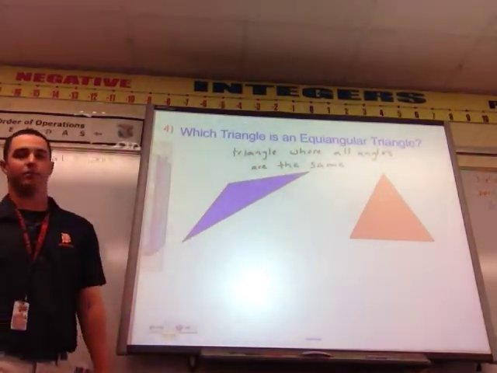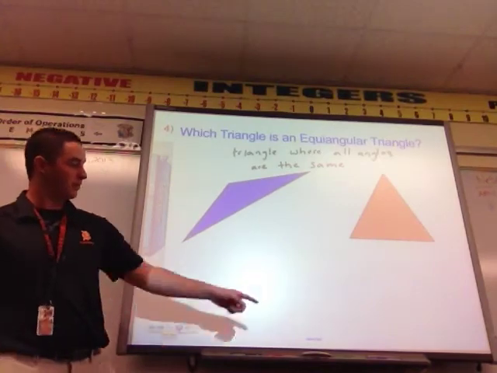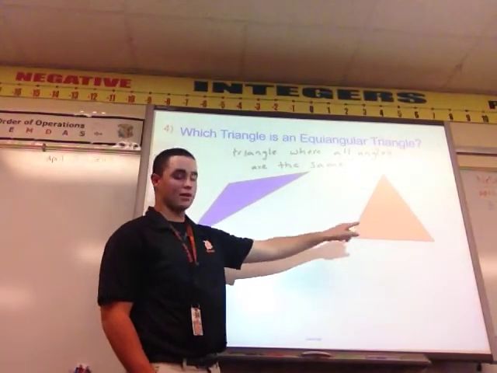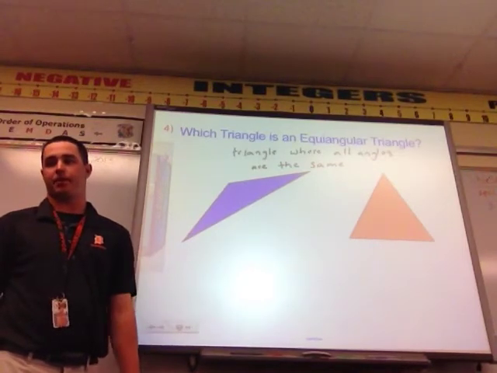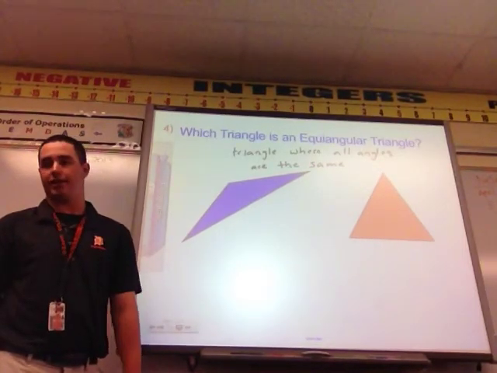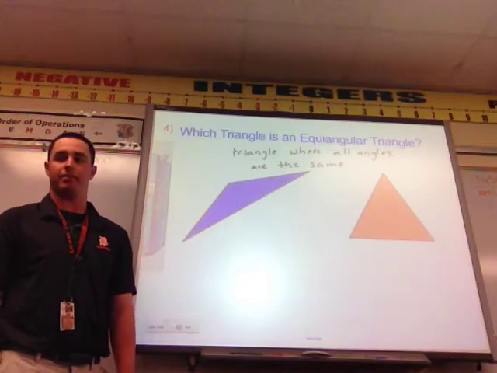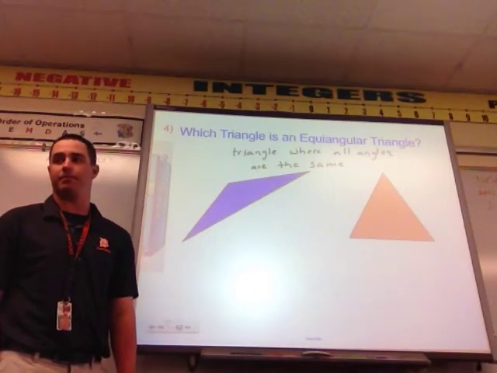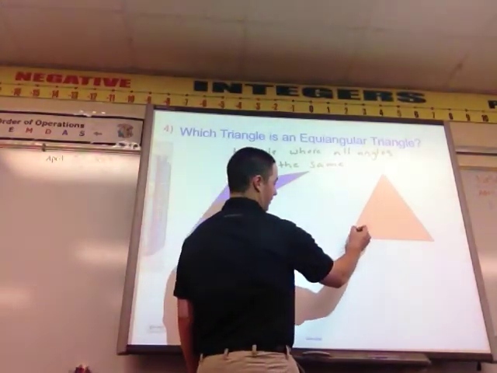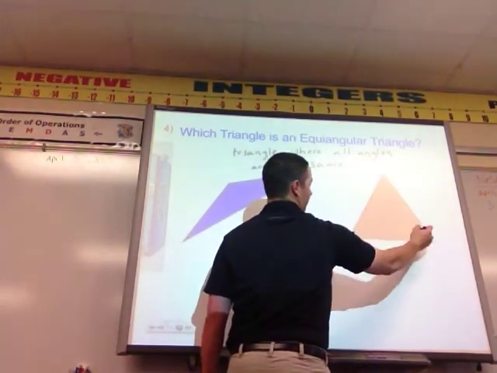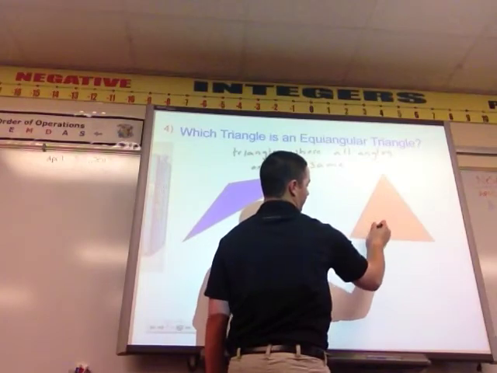So if all the angles are equal, what is the degree of this, do you think? If the triangle is 180 degrees and we have three angles, how big do you think it's going to be? They're all the same. What is it? 60? Yep. So this is going to be 60 degrees because you have three.